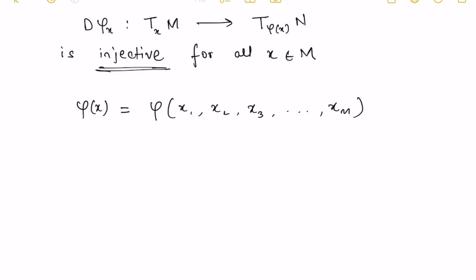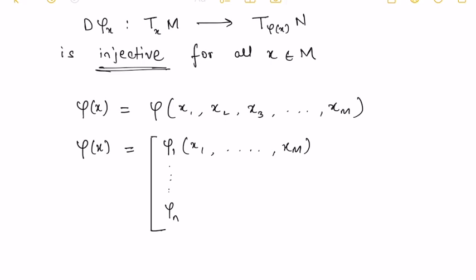And because the target manifold is n dimensional, we can write this as a matrix where every row is a different dimension of the target manifold. So you go from psi 1 to psi n, and the coordinates of x go from x1 to xm. So we get a matrix like this.